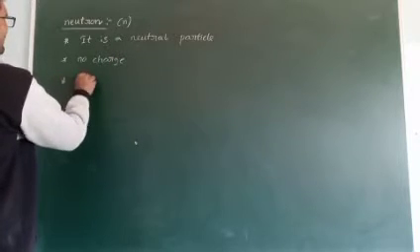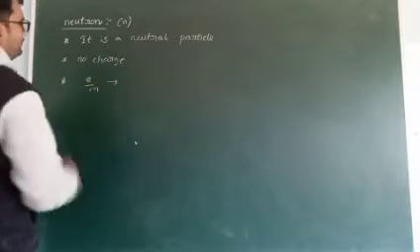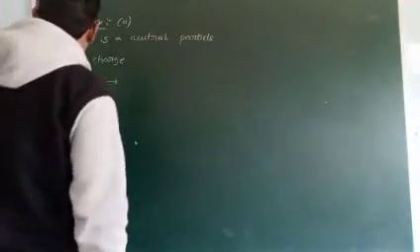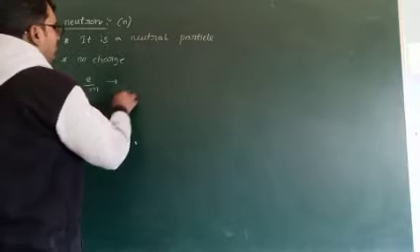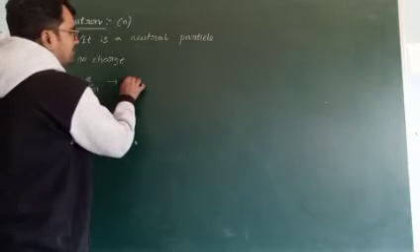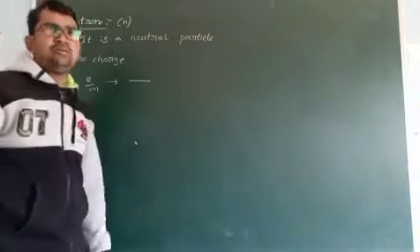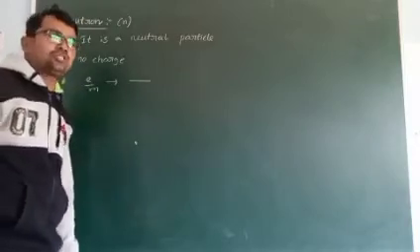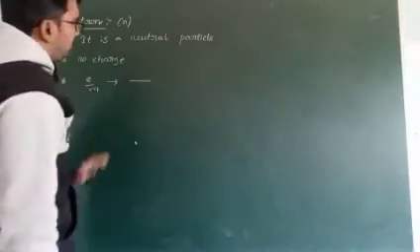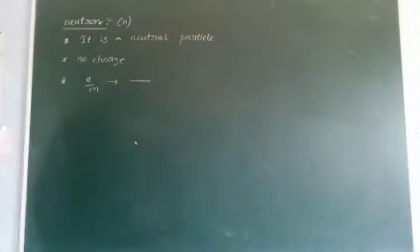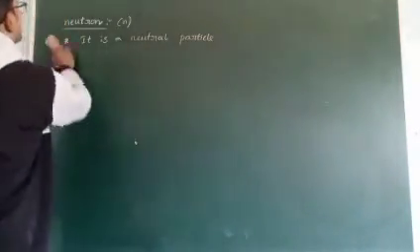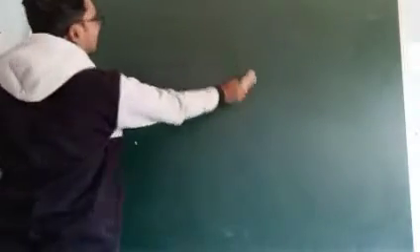So what about the e by m value? E means charge, and there is no charge, so there is no e by m value. Okay, this is about neutron. Neutron also completed. Next one.